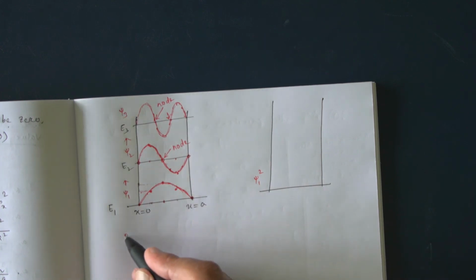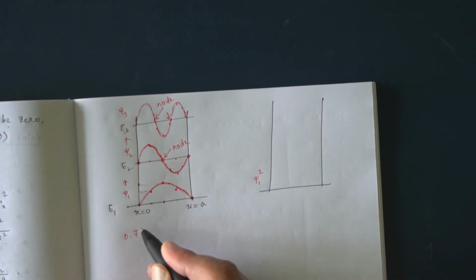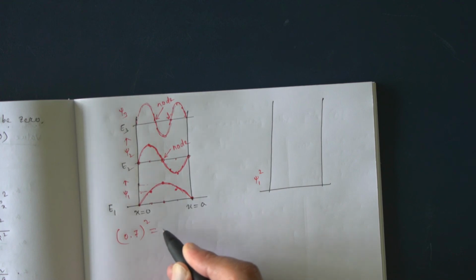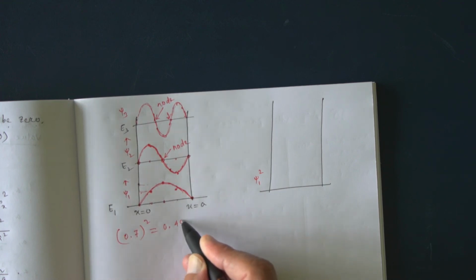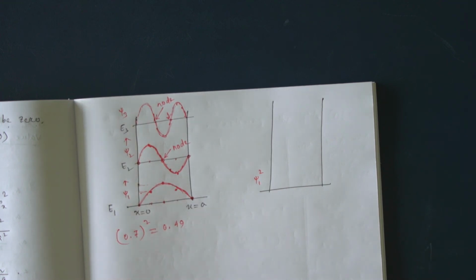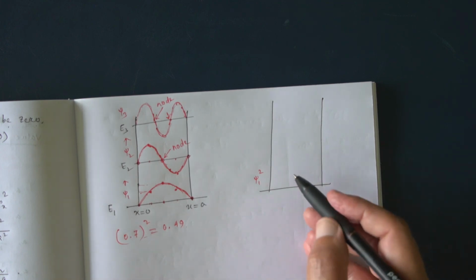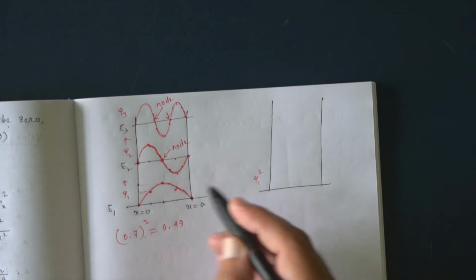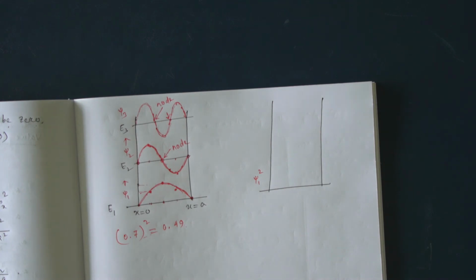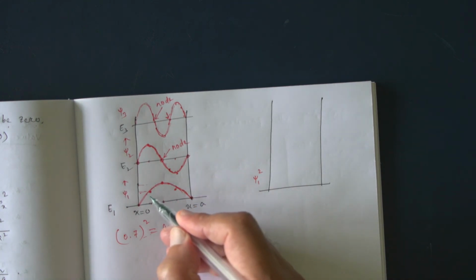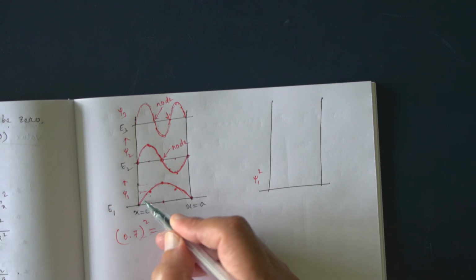If you square this, it will be 0.49. The square will be less. So now the point will be somewhere here, and the graph will be like this.